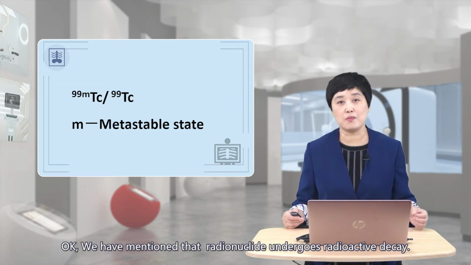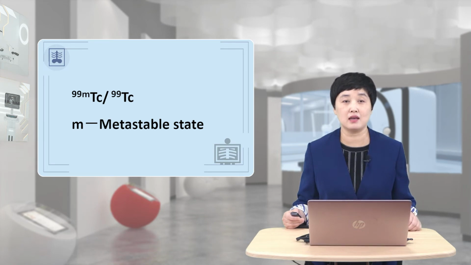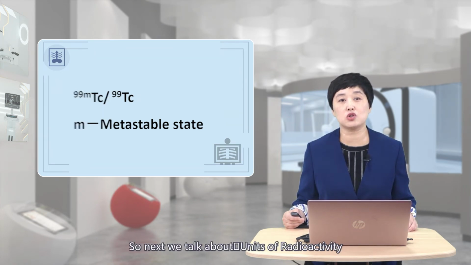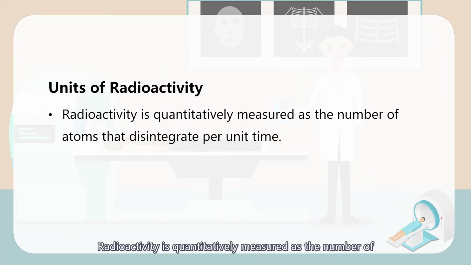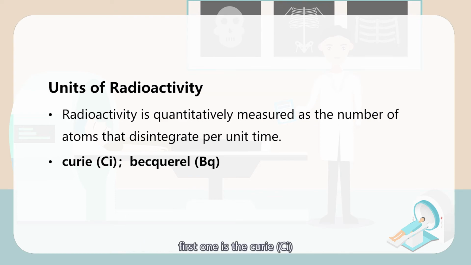Okay, we have mentioned that the radionuclide undergoes radioactive decay. So next we talk about units of radioactivity. Radioactivity is quantitatively measured as the number of atoms that disintegrate per unit time. There are two different systems for expressing radioactivity. The first one is the Curie, and the other one is the Becquerel.